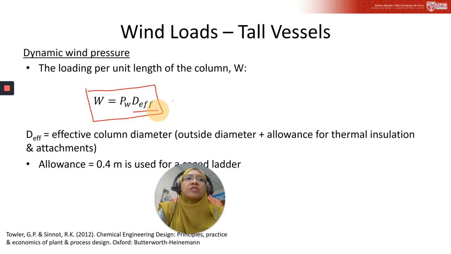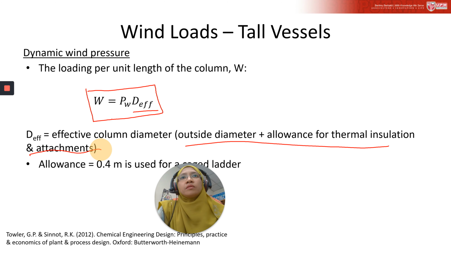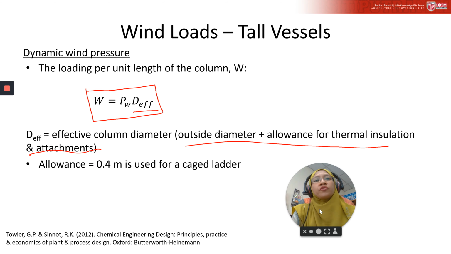This effective column diameter is the outside diameter plus an allowance for thermal insulation and attachments. You may use 0.4 meter as the allowance for a cage ladder.